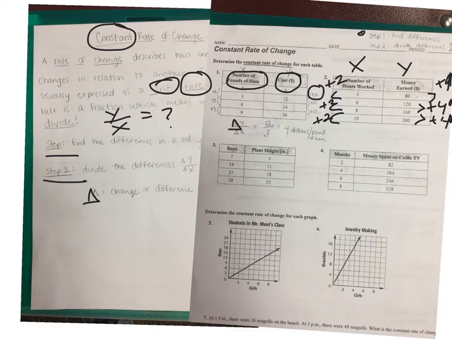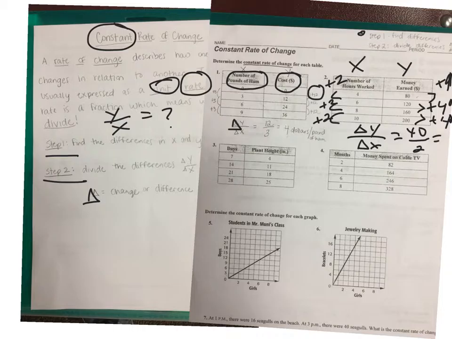Okay, so I know that in order to find the constant rate of change, my formula is change in Y divided by change in X. It is just like the unit rate problem, except we are finding the changes to make sure it is constant. And I know my change in Y is 40, and my change in X was 2.